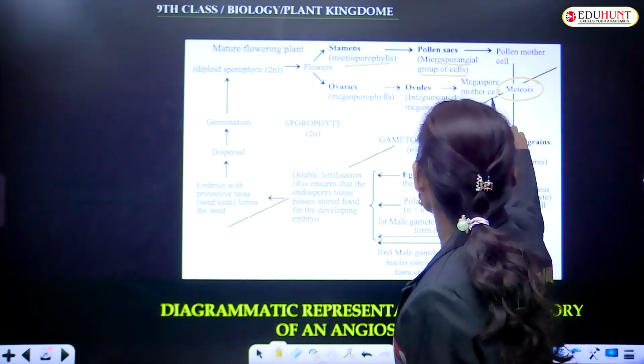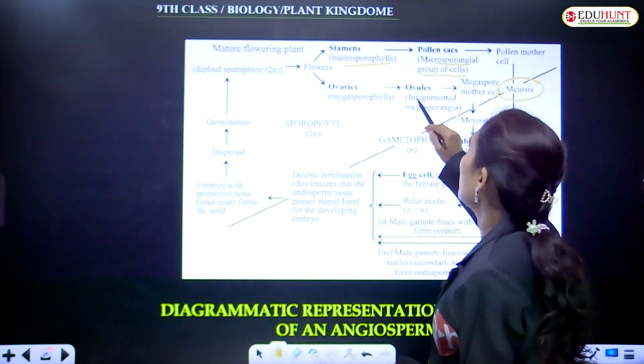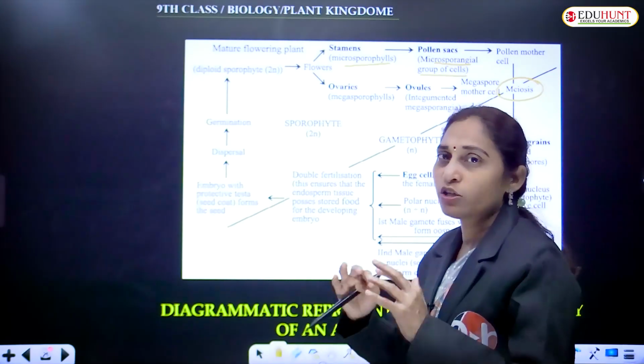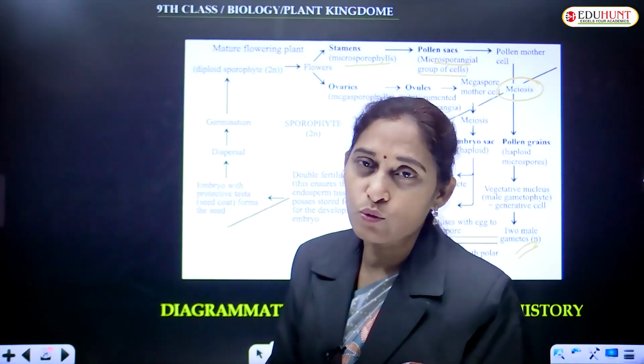Just as the male side developed, on the female side the ovule with integument is the covering of the ovule, and the tissue of the ovule is called nucellus.